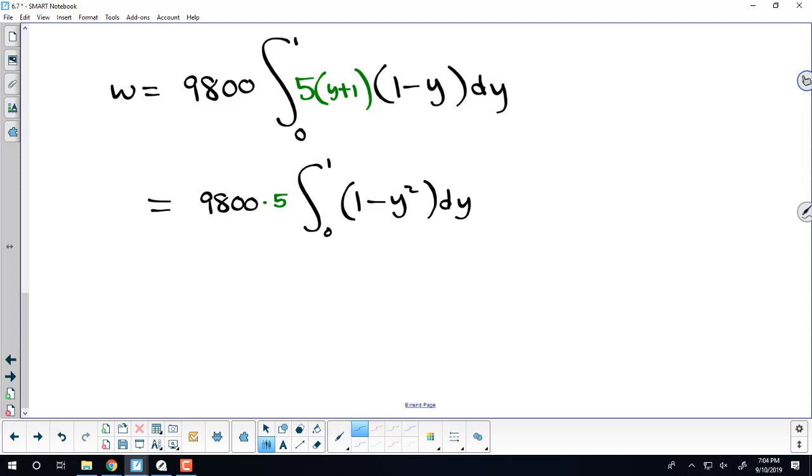So that is... shouldn't be negative. Well, no, just an integral, just negative 1. Oh, okay. 32,666.6 repeating, really, joules is what that should come out to be.